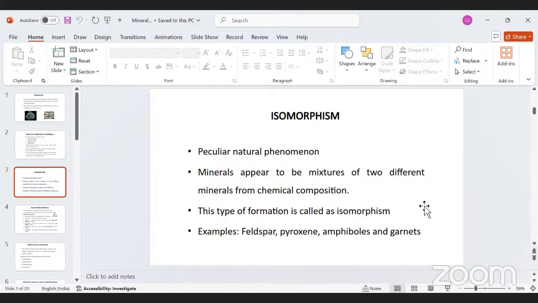Isomorphism is a peculiar natural phenomenon. We see minerals which appear in different pictures, different minerals, and the chemical composition also we can see here. This type is called isomorphism. Examples for this are feldspars, pyroxenes, amphiboles, and garnets.